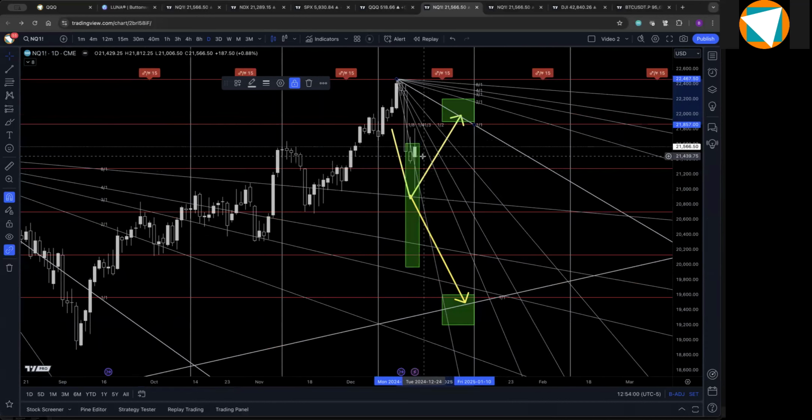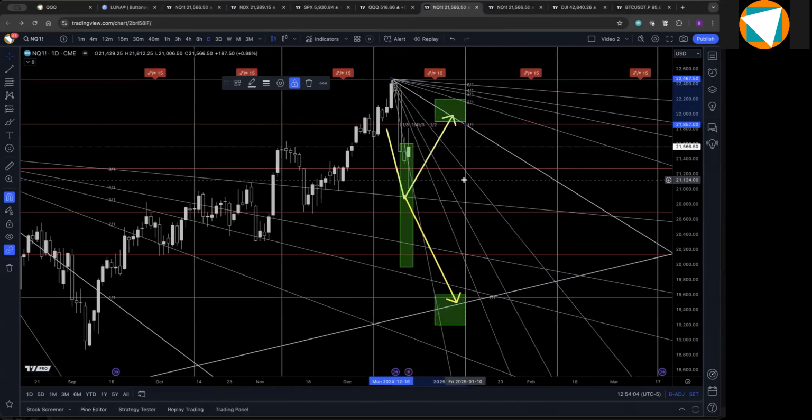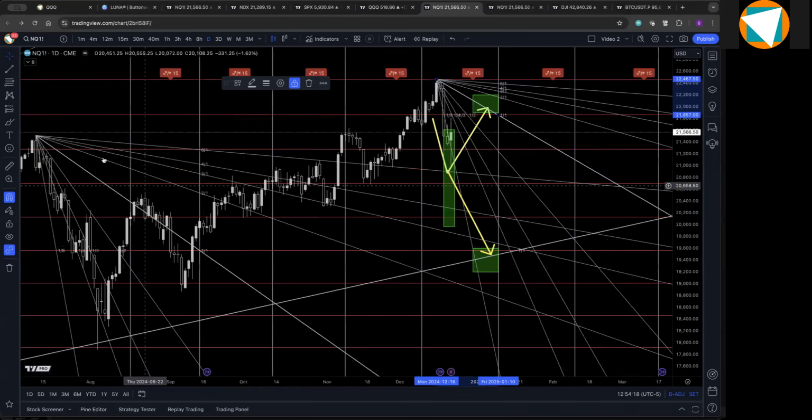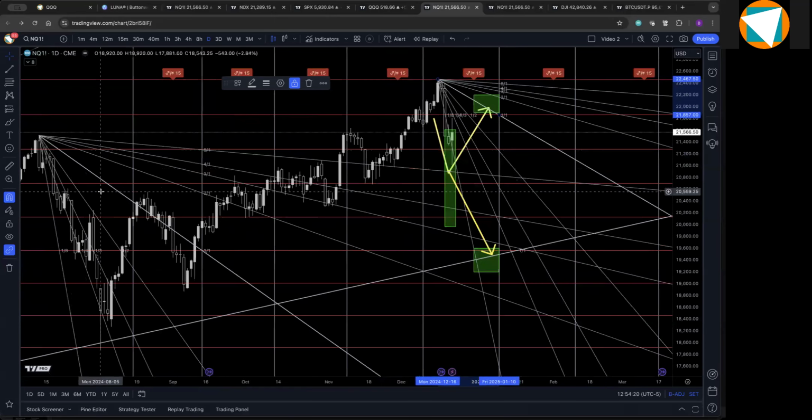So we haven't seen any sort of significant cross of a major fan yet that would cause us to flip bullish. And by major fan, I would say the 1x2 down and certainly the 1x1. Okay. And we can see over here, there were a few bullish fake outs on the way down before it completed the low in August.